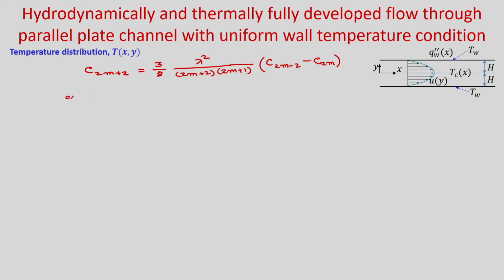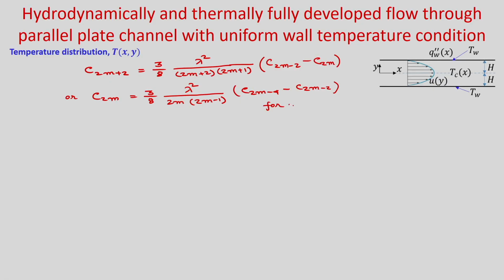Or we can write C_{2m} is equal to 3 by 8 lambda square divided by twice m minus 1, C_{2m-4} minus C_{2m-2}. So, you can see this equation is the recursion relation. So, it is for m greater than equal to 2.